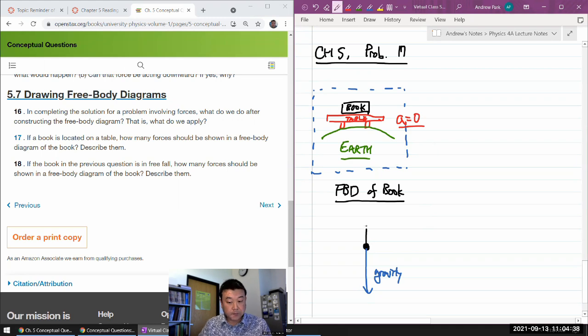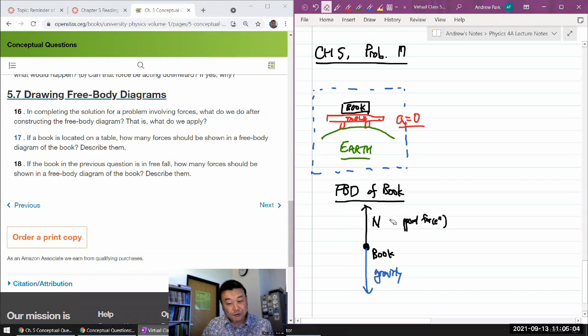So there must be some upward force. This is what we call normal force, or sometimes support force. But I'll stick with the normal force for most of this class. And with these two forces, the net force on the book can be balanced out to have zero acceleration. So good. Okay, I'm done with the free body diagram of the book.